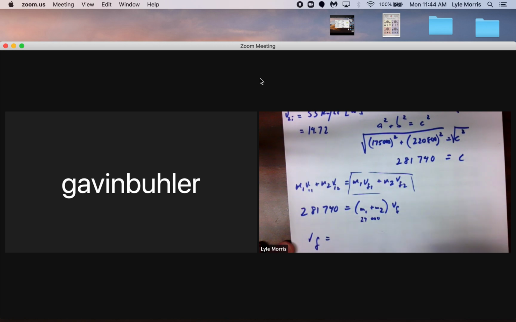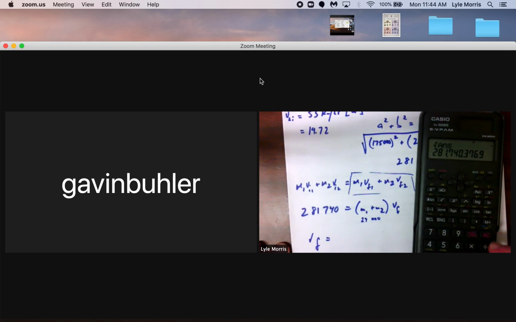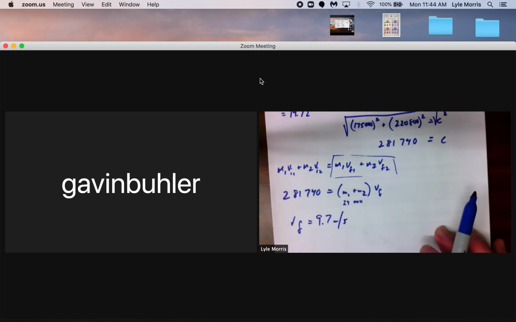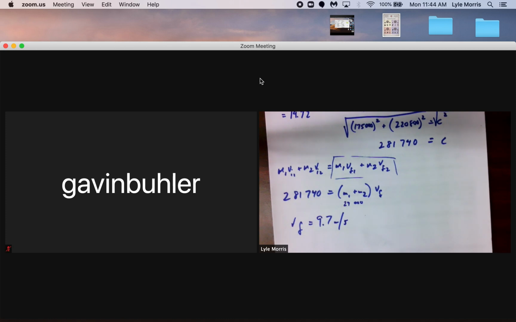So Vf is 281,740 divided by 29,000, 9.7 meters per second. That's the final velocity. Actually, that's the final speed. To get velocity, we need to get the direction.